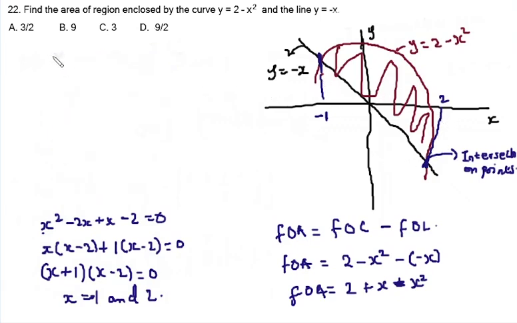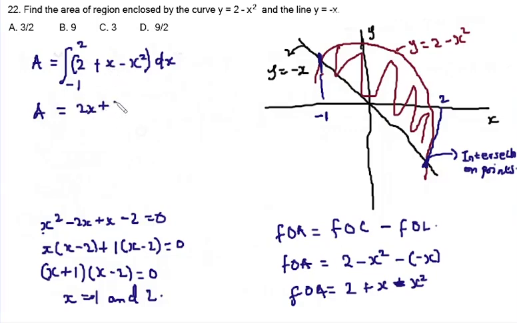For our integration, the area of the enclosed region is equal to the integral of 2 plus x minus x squared, from minus 1 to 2, dx. Integrating this with respect to x, we have 2x, then plus x squared divided by 2.